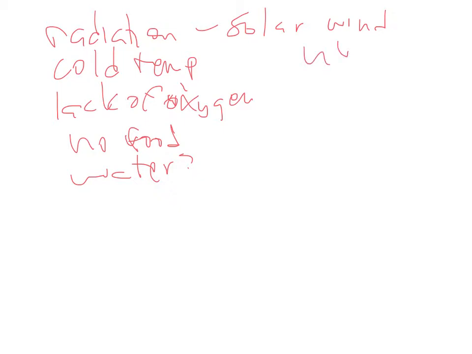There's no ozone layer to screen out the UV. So one issue that we have to deal with is the potential for increased cancer rates and other kinds of chronic diseases like that driven by the radiation environment. You're not going to get acute toxic radiation poisoning and die in a week.